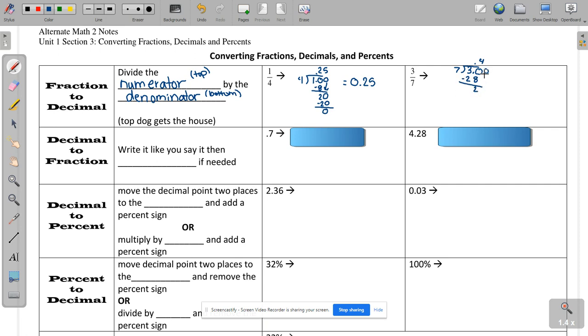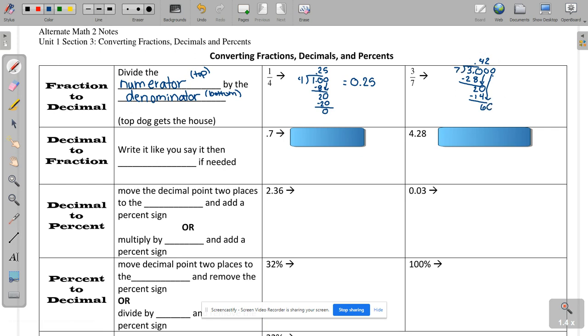We add a 0, we bring it down. 7 goes into 20 2 times. 2 times 7 is 14. Subtract, and we get 6. Add another 0. And bring that 0 down.